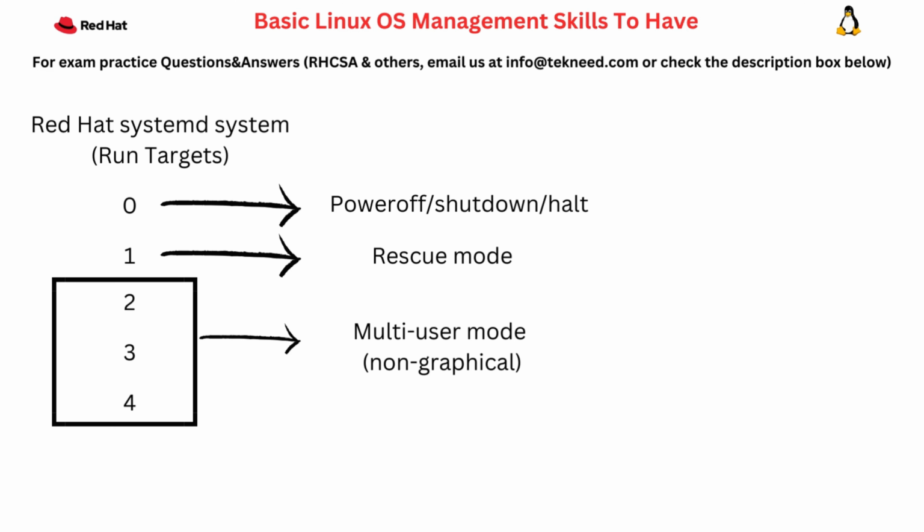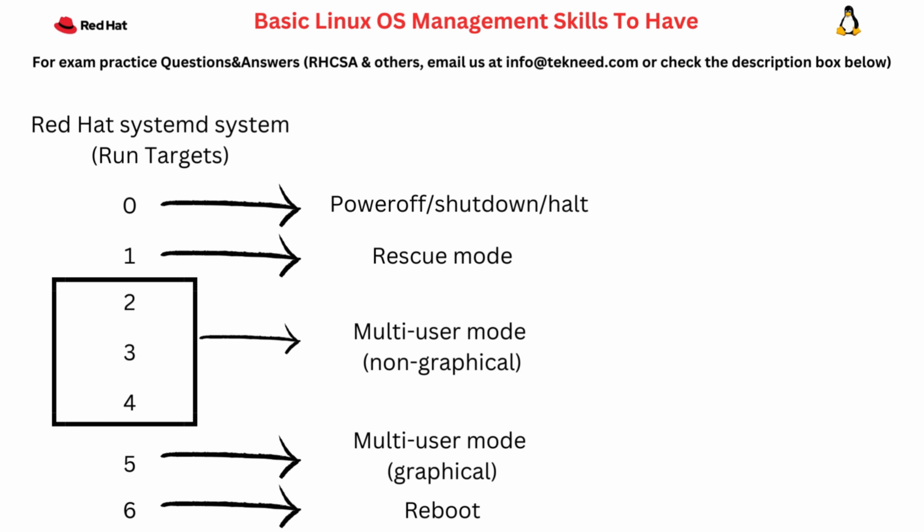And for run target 5, this is also a multi-user mode, but in this case, you're going to have the graphical or desktop interface. And for run target 6, this is the reboot mode, right? So, meaning that when you set your system to this mode, your system will continue to reboot. So it's going to be like in a reboot loop.